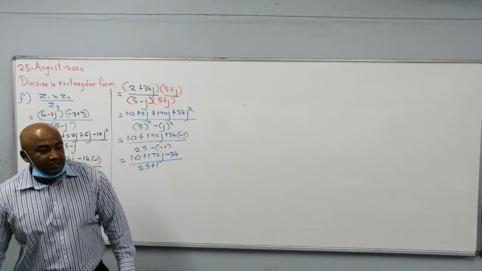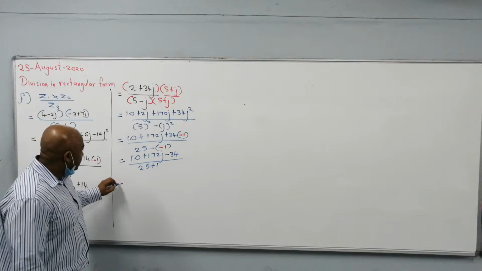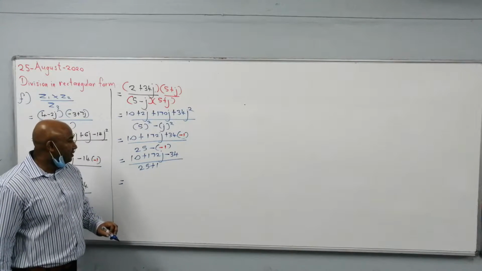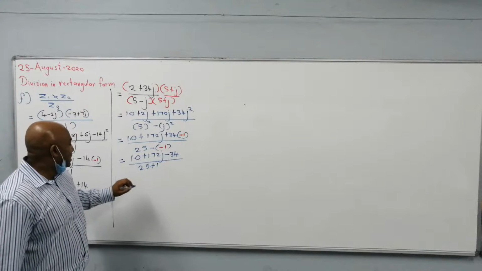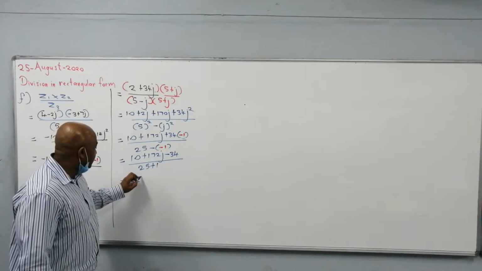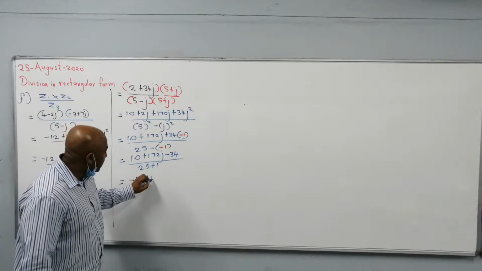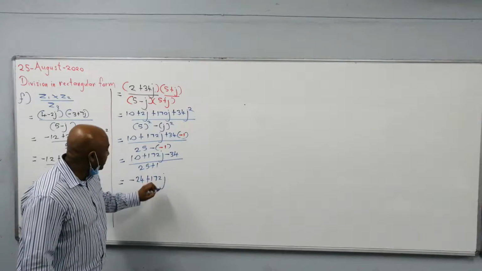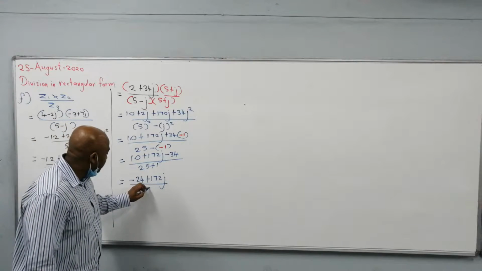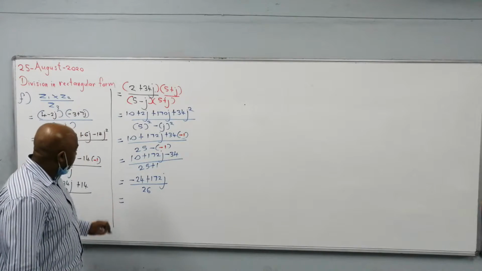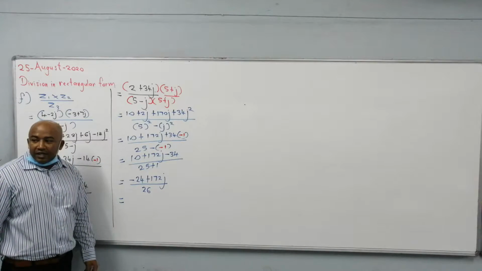Negative times negative is positive. So now what do I have here? I have 10 minus 34, which is minus 24, plus 172j, all divided by 25 plus 1, which is 26.